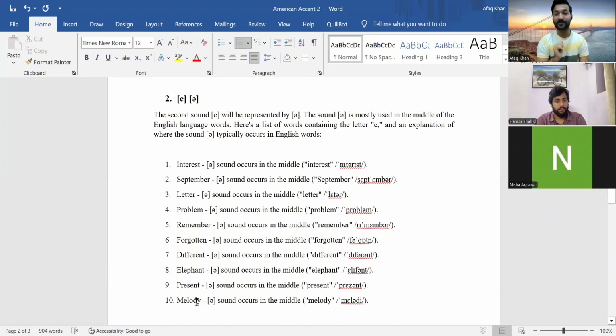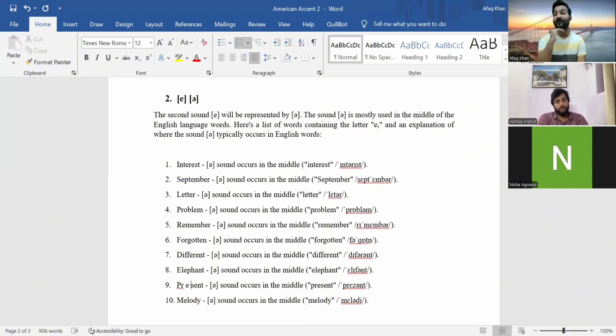But could you please tell me what sound is involved in the first E letter that occurs after the sound R, after R? Okay, Hamza, could you please tell me the first sound of E? Exactly. Good job.